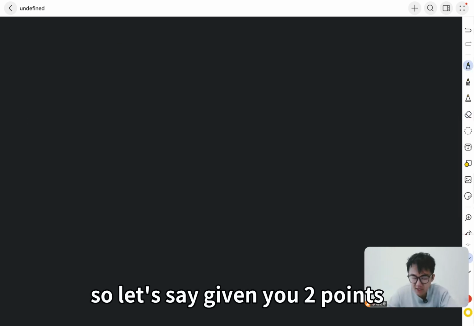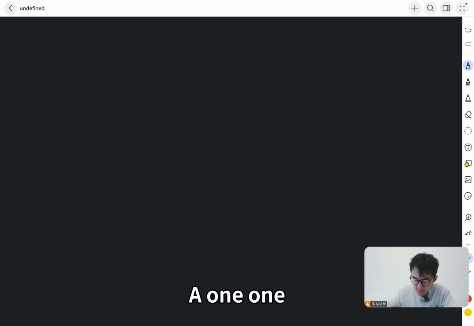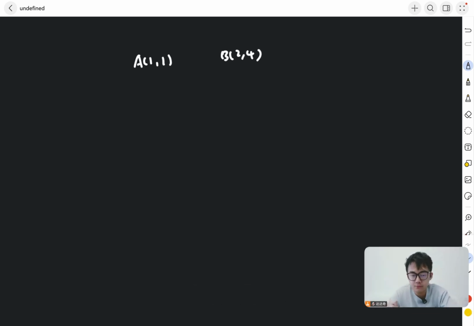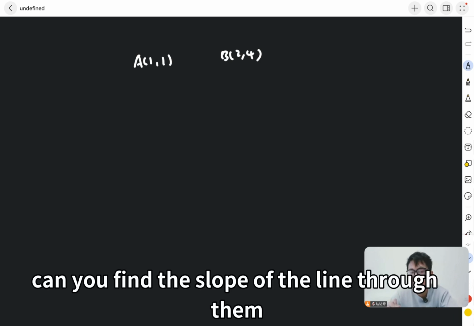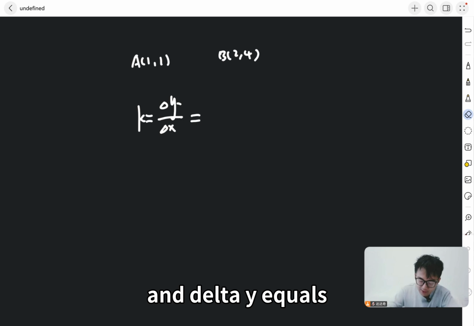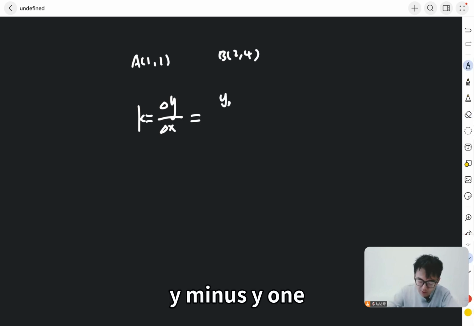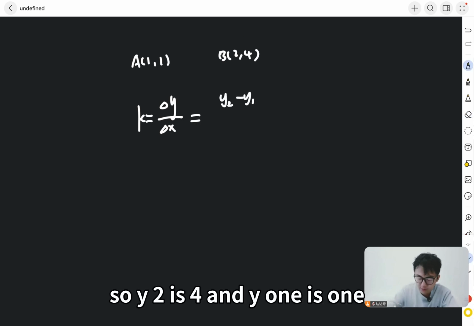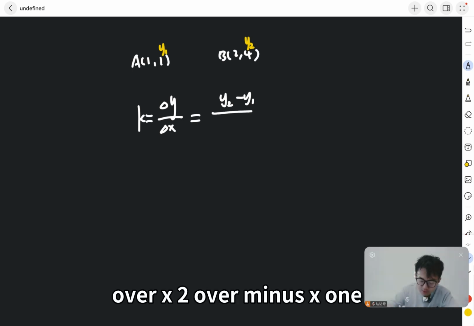So let's say you're given 2 points, A (1, 1) and B (2, 4). Without graphing, can you find the slope of the line through them? Let's just try it. The slope equals delta y over delta x, and delta y equals y2 minus y1, so y2 is 4 and y1 is 1, over x2 minus x1.